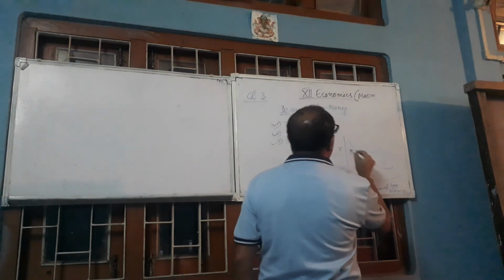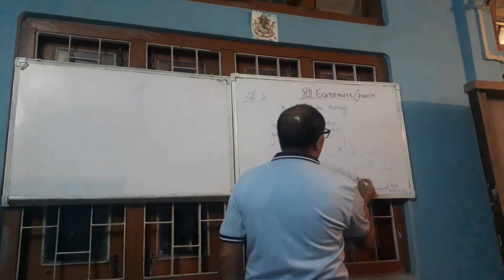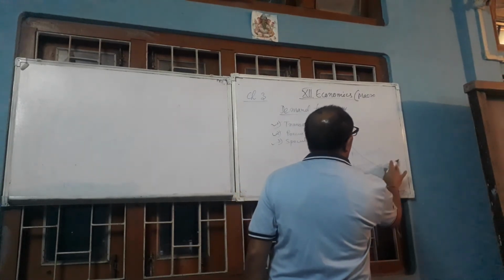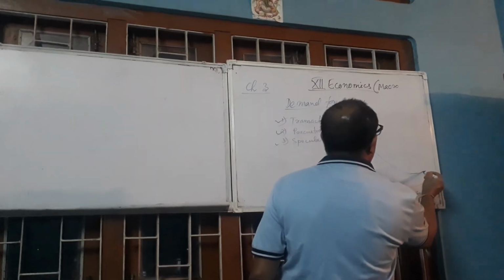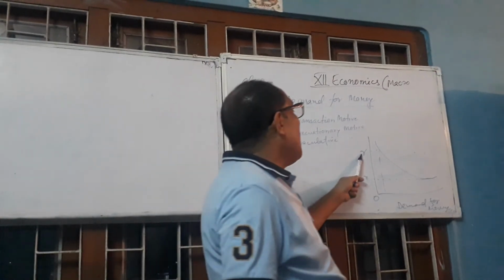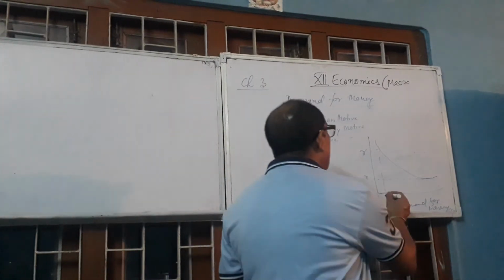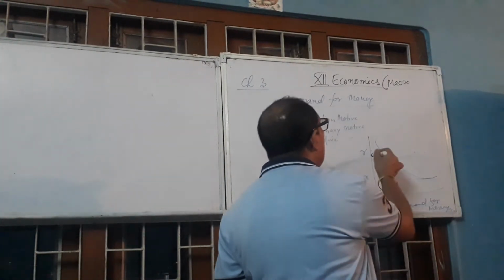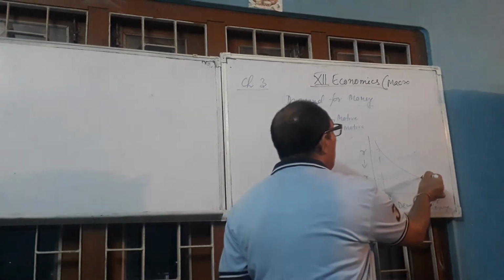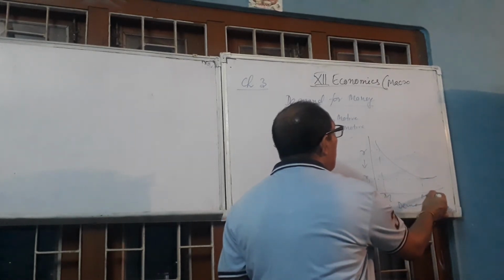Demand for money will be less when the rate of interest is more. When the rate of interest in the bank decreases, demand for money increases. When the rate of interest is very high, the demand for money is only M. And when the rate of interest decreases from R to R1, the total demand for money increases from M to M1.